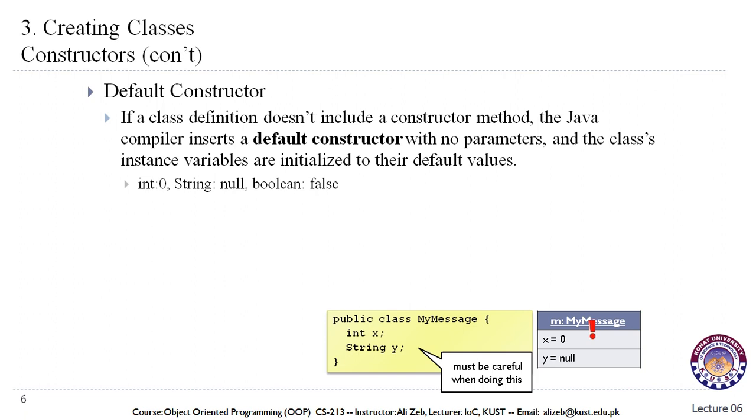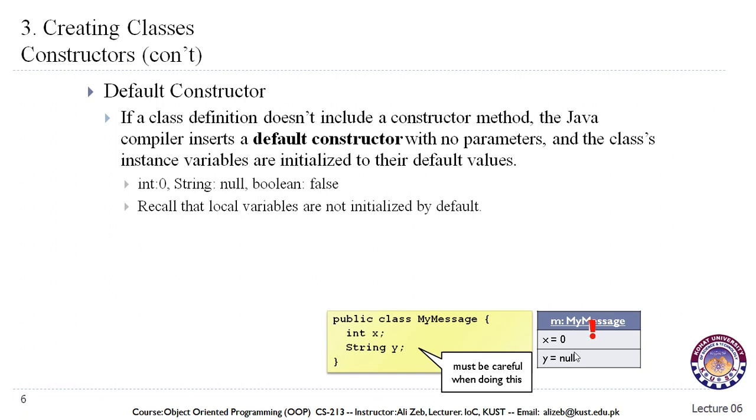This is an example of when a default constructor will be used. So we have the class, we have the variable declaration, but we do not explicitly declare a constructor inside this class. So a default constructor will be inserted by the Java compiler that will initialize our values to the default values.